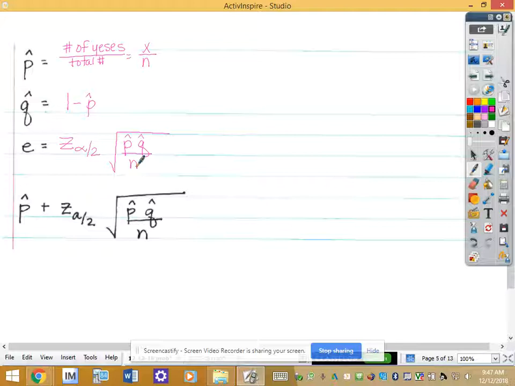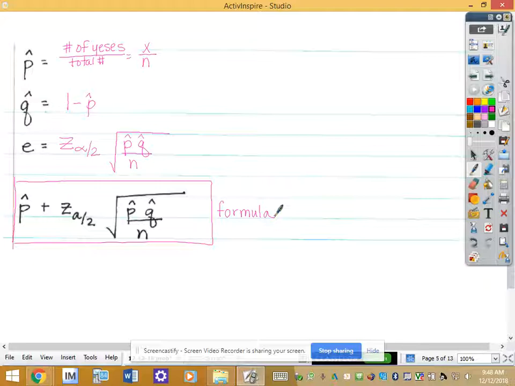So you will see P hat, you also may just see P. So for our formula, we're going to have P hat. Since we don't have an average, we're going to use our P hat plus the Z sub alpha over 2 to the square root of P hat times Q hat divided by N.